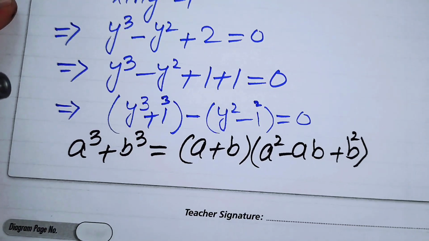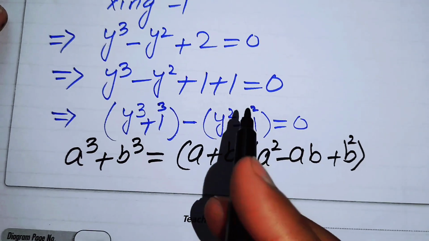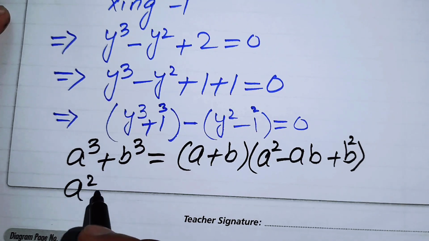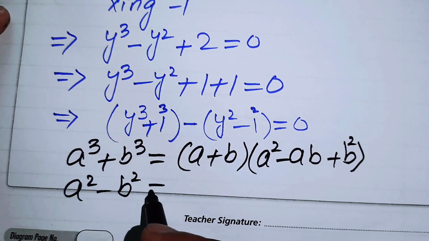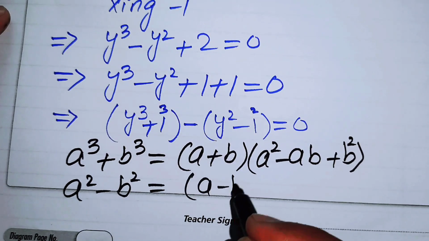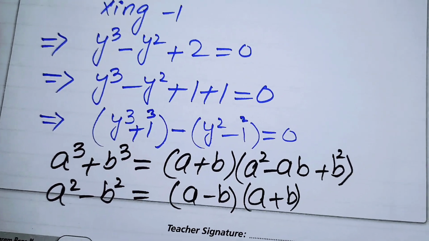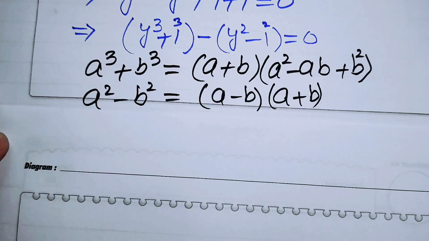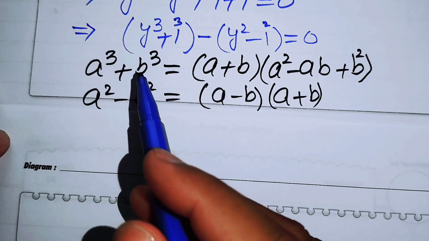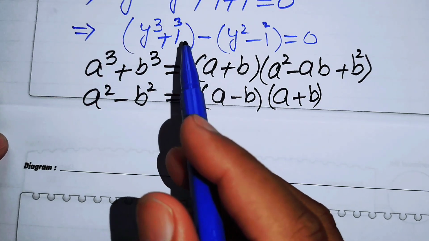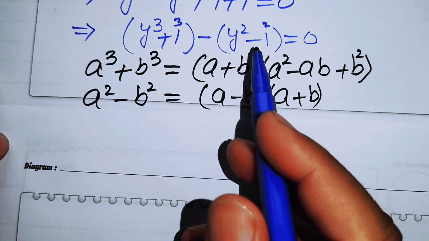Similarly, here you have another formula, which is a squared minus b squared is equal to a minus b times a plus b. So I can first use the cubic formula in this term, and after that we can use this square formula in the other term.